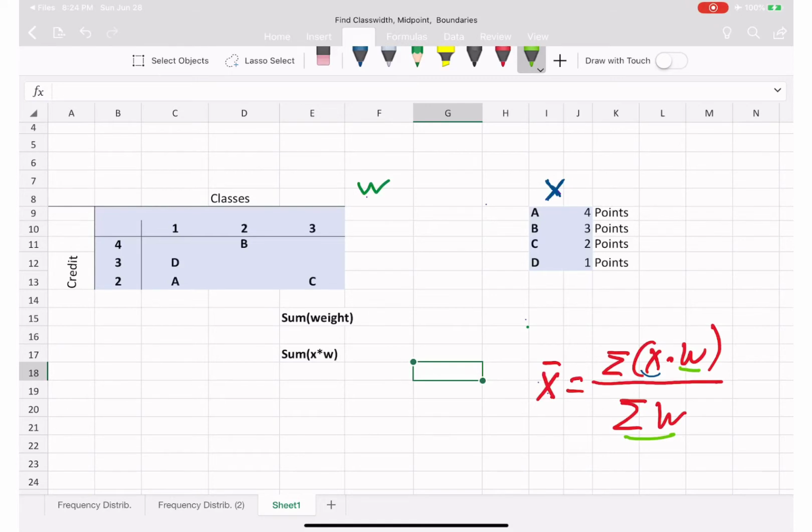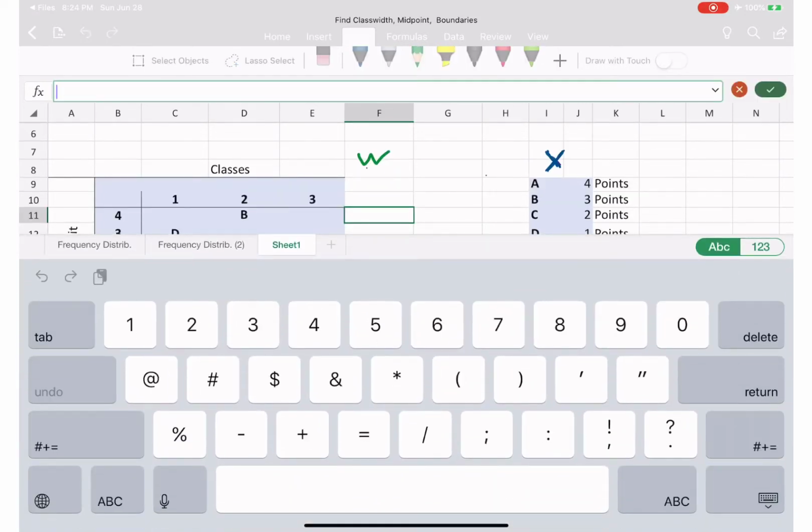So let's see how we are going to find w, that consists of classes and credit hours. So for letter B, credit hours is going to be 2 classes times 4 credit hours.